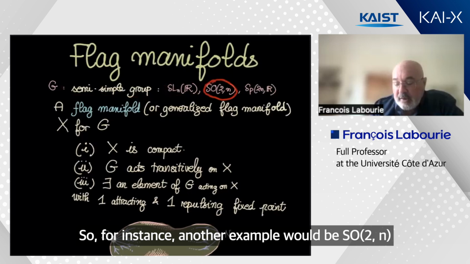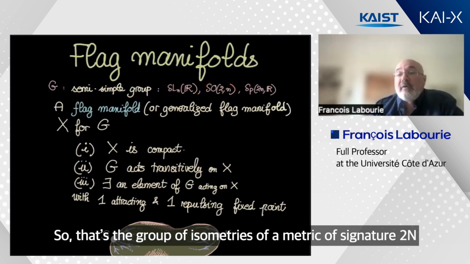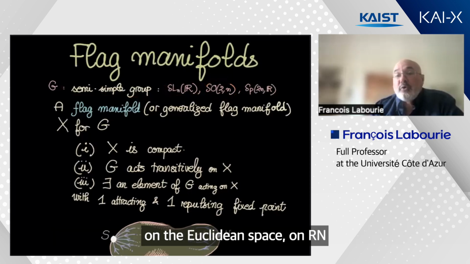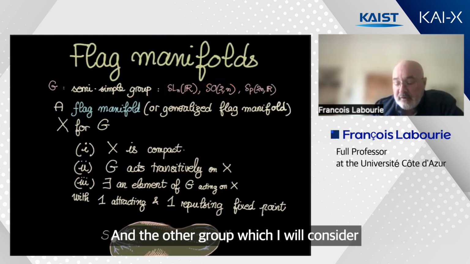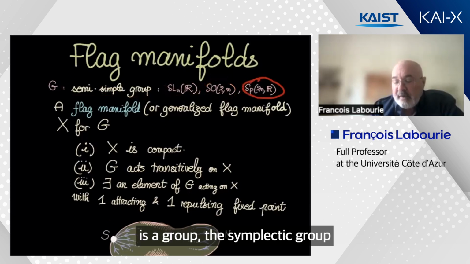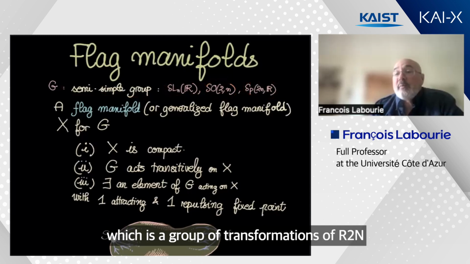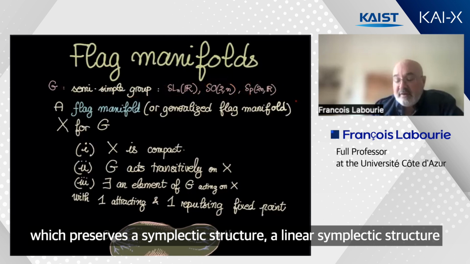For instance, another example would be SO(n,n), the group of isometries of a metric of signature (n,n) on R^2n. The other group which I will consider is the symplectic group, the group of transformations of R^2n which preserves a linear symplectic structure.